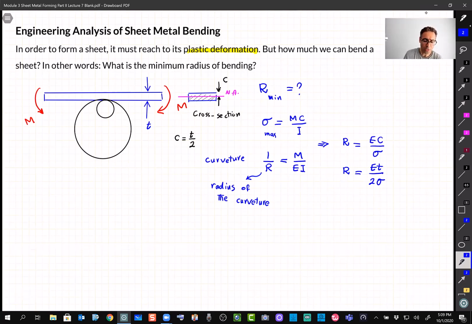And now, what is the minimum R? Of course, the minimum R is right before breaking, right? So I write down over here, the maximum stress before failure.